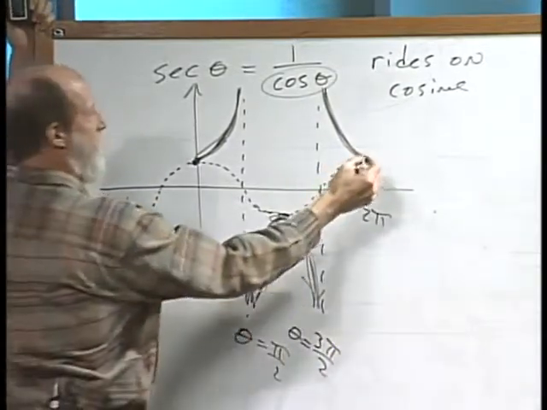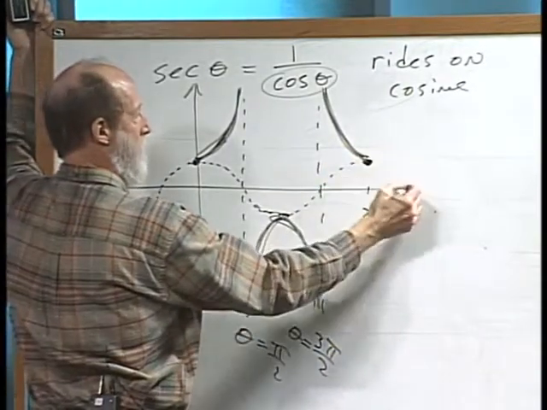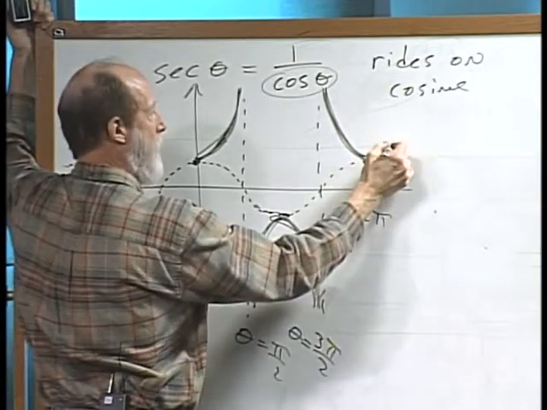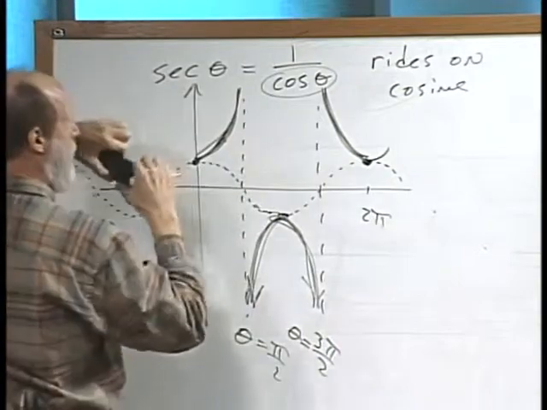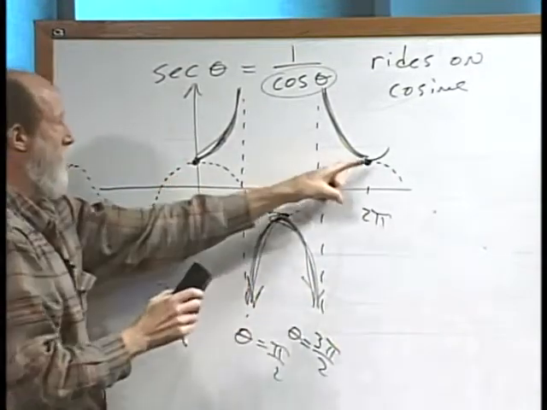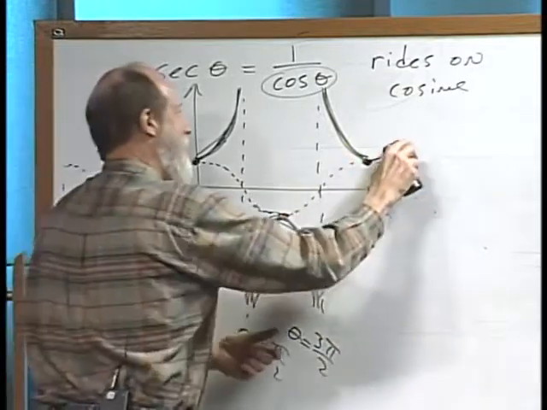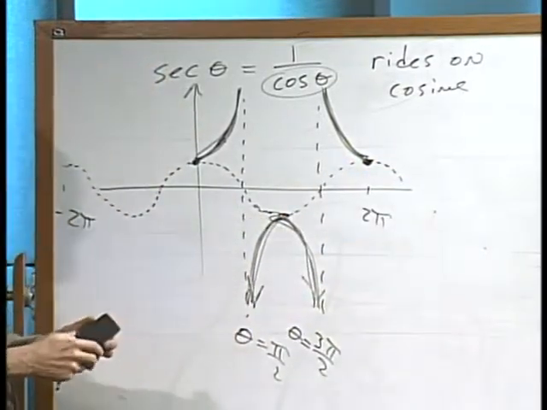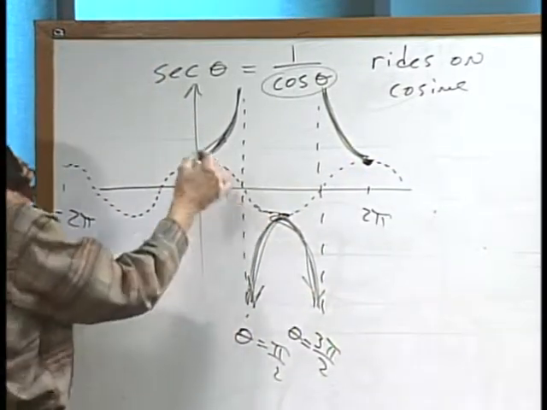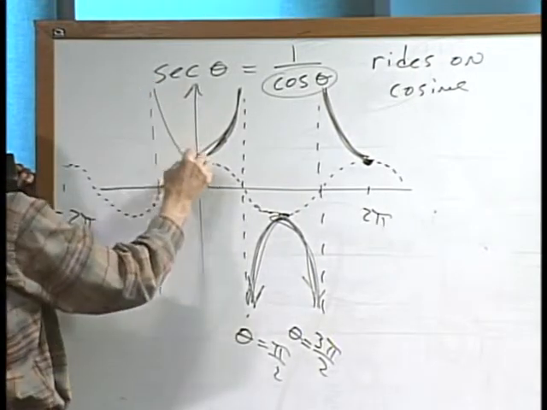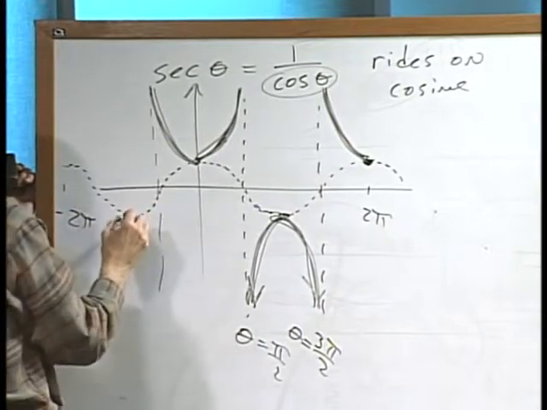Then what happens after 2 pi? Back up, doesn't it? Do you see that the behavior starts repeating itself right there? And so there's a period. If I wanted to, I could come back over here and lay in some other regions of this as well.